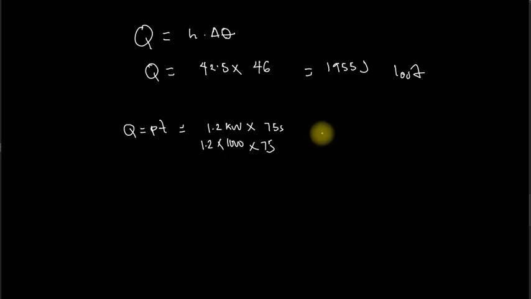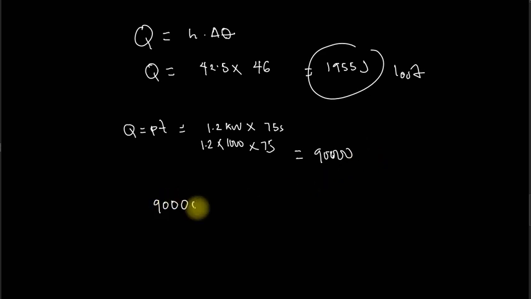So 90,000 minus this amount of heat that was lost. So 90k minus 1955 is equal to 88,045 joules.